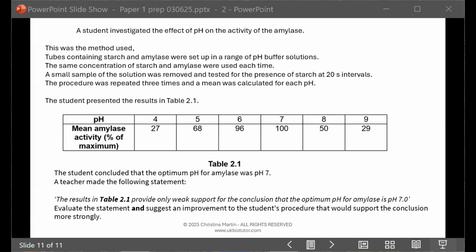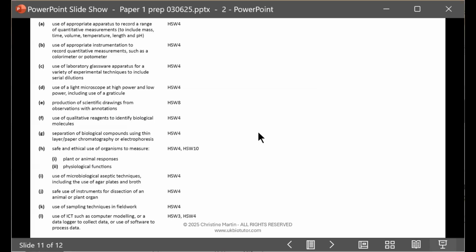This is any part that they could ask you, which I use as my guide. I go back up here. So if you look at this one, you can see appropriate apparatus. So they can ask a question on any of that.